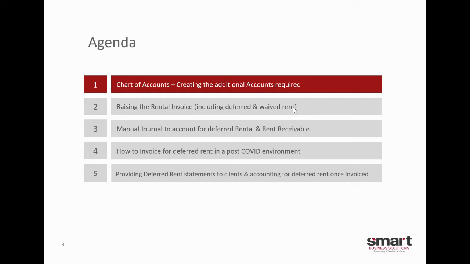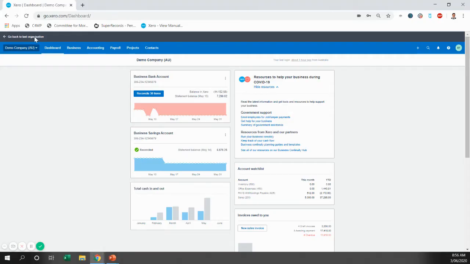A manual journal to then pick up the deferred rent and the rent receivable, and then I'll wrap it up by going through how to invoice for the deferred rent and then how to tidy up the deferred rent once it's invoiced. And if your client requests a statement of the amount of deferred rent and the payments they've made, I'll show you how we can allocate that too. So I'll just jump into Xero now and we'll get into it.